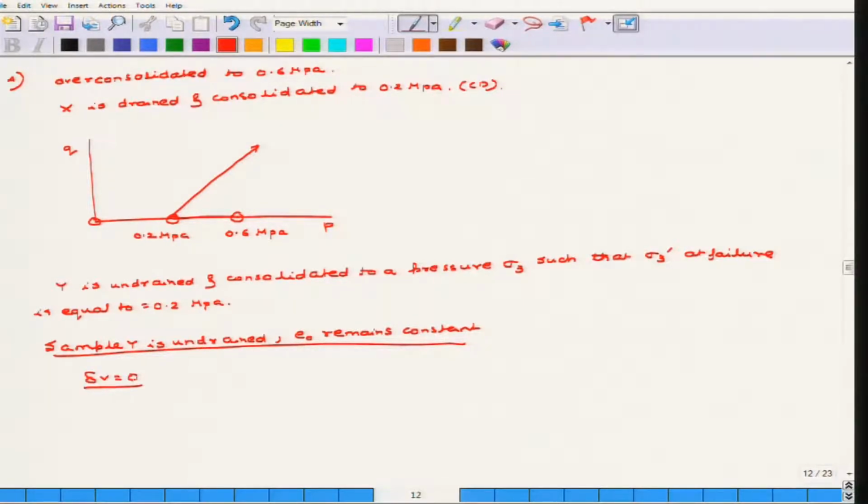So since delta V is equivalent to 0, obviously delta e naught is also equivalent to 0, because the void ratio in case of a soil represents the volume change.